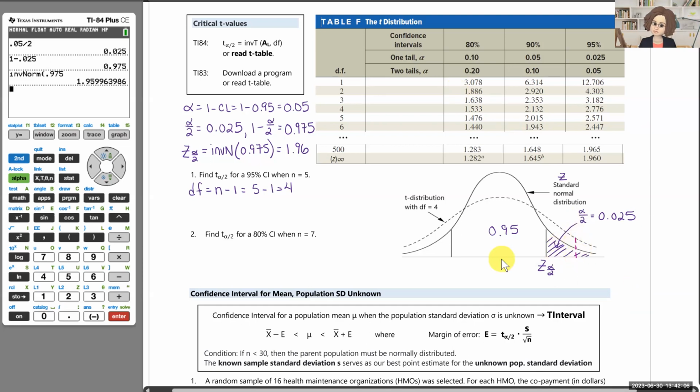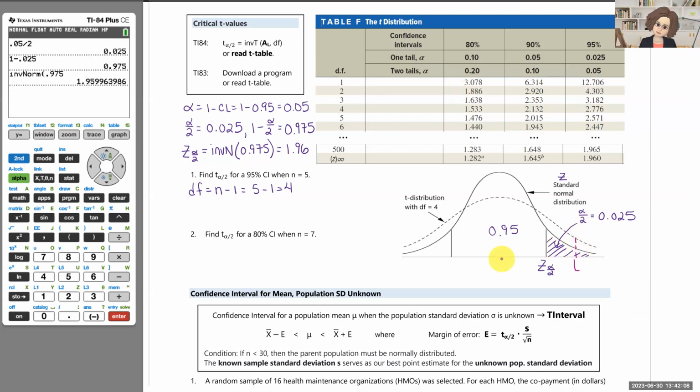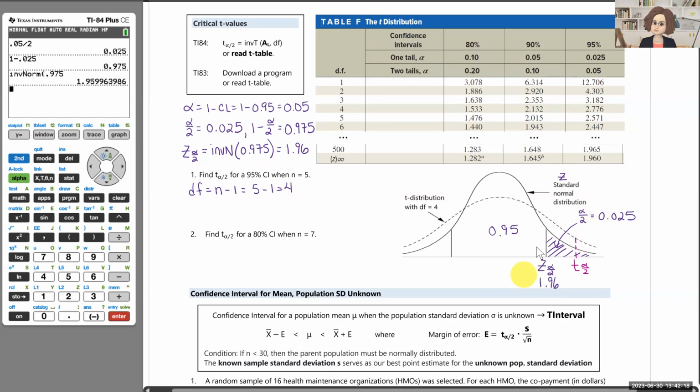So somewhere out here is our t alpha over 2. All right, so z alpha over 2 was 1.96, and we're about to find out what the t value would be when we have a sample size of 5 with 4 degrees of freedom.